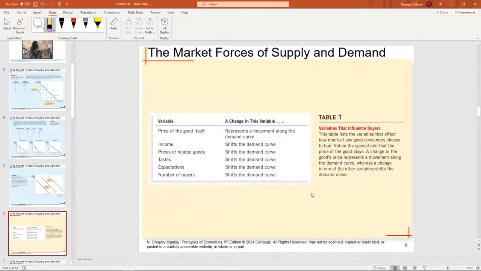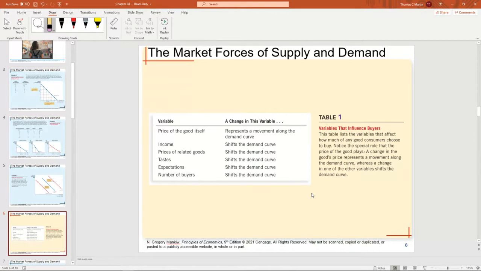This is one of the things I would advise you to print out and put in your notebook. Set up a folder, a binder with chapter 1, 2, 3, 4, 5, and 6, and have this type of material in there so you're ready if something comes up dealing with determinants of supply or demand.